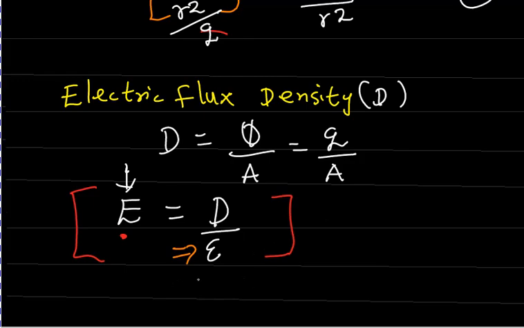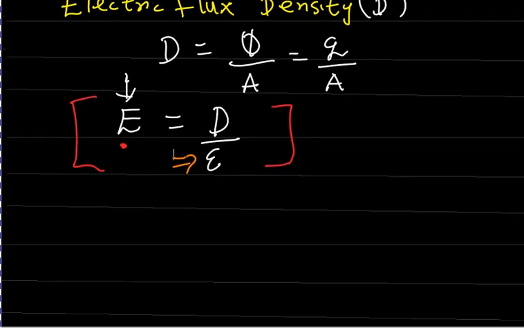If we are measuring the electric field in free space where there is no medium, air is approximated as free space because its relative permittivity is always 1.